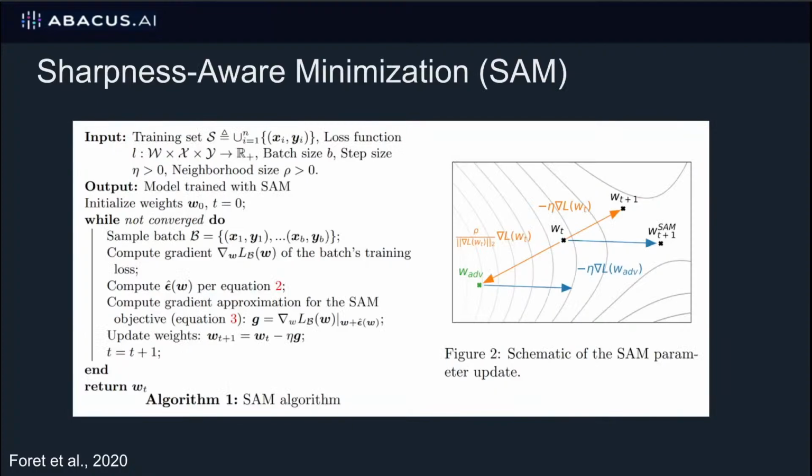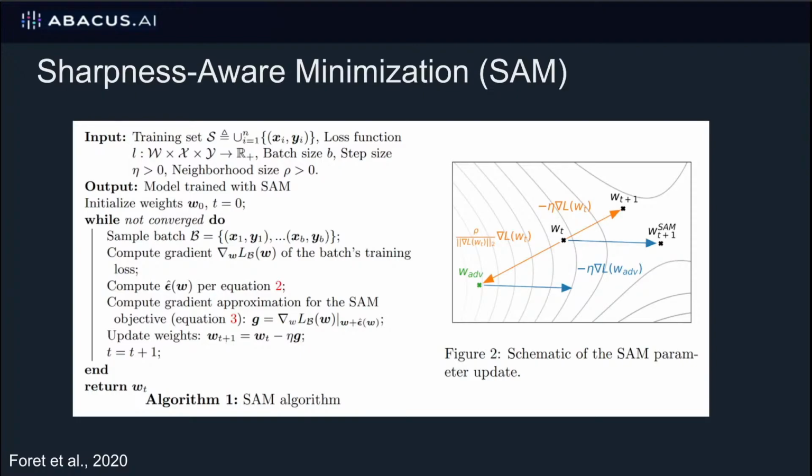SAM. In today's heavily over-parameterized models, the value of the training loss provides few guarantees on the model generalization ability. Indeed, optimizing only the training loss value, as is commonly done, can easily lead to suboptimal model quality.